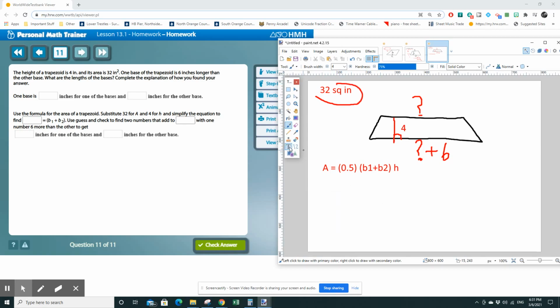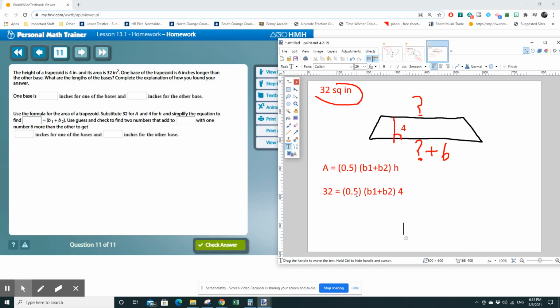So that would be, replace A with 32, bring down the equal sign, 1/2 times base 1 plus base 2, which we don't know, times the height, which is 4. Now, when we multiply, we can just multiply all the numbers that we do know up here.